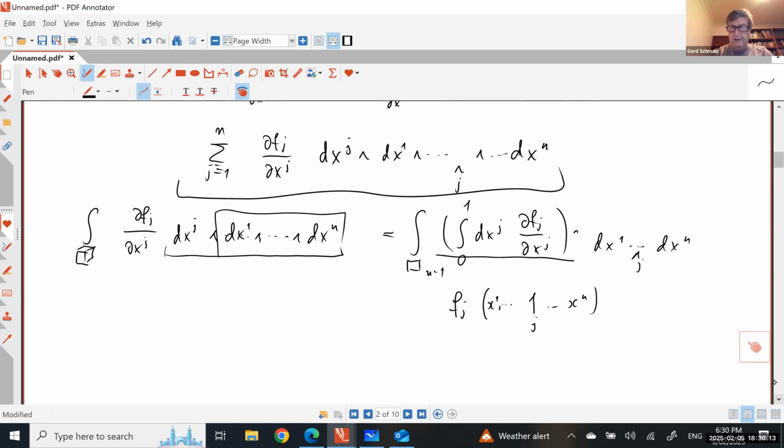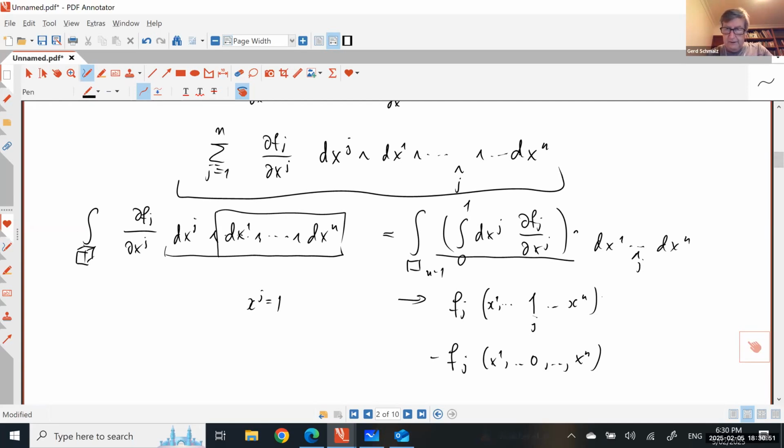This is how this repeated integration works: we integrate with respect to the x_j variable, and the other variables are just whatever they are, and minus f_j of x_1, 0, x_n. But this is our function f_j restricted to the upper face. The face x_j equals 1 is one face. And on the faces, our form is equal to 0, which means all of our f_j's are equal to 0.